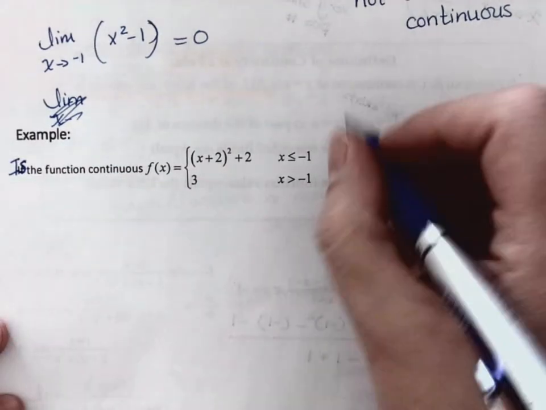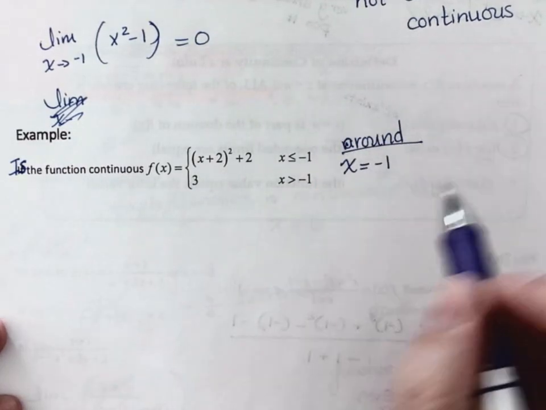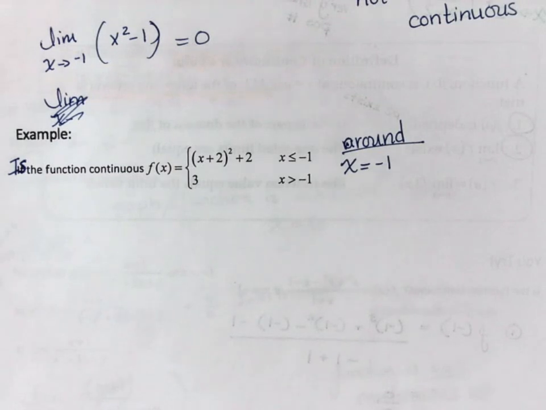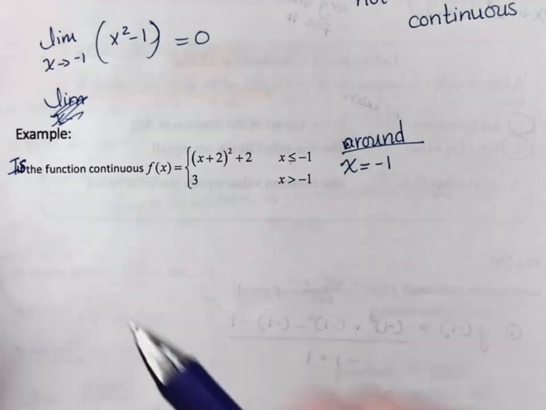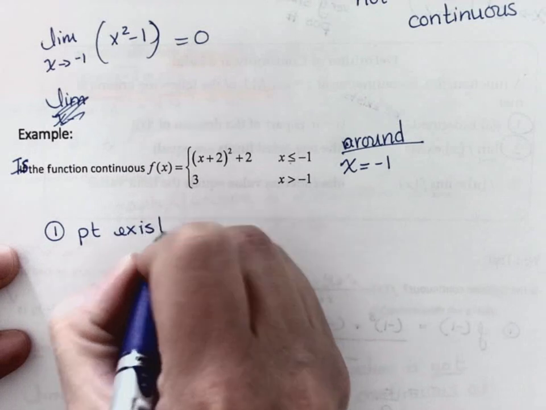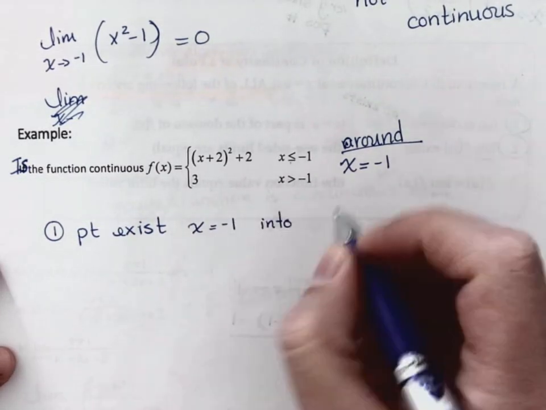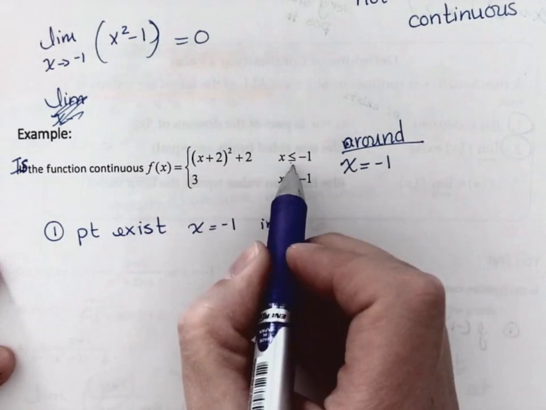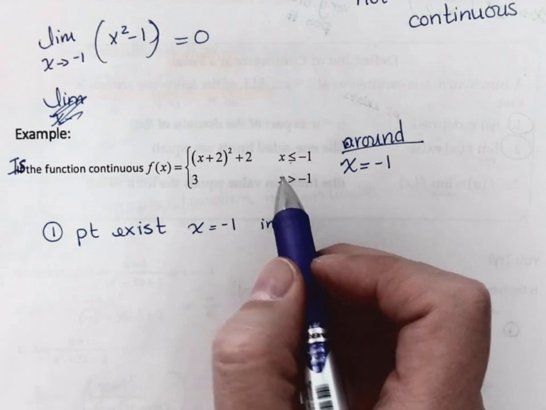Okay? It's 3. It's the bottom 2. Okay, so which function does -1 belong to? The upper one, because it has the equal to sign in it, right? So when I go to see if the point exists, I'm going to be substituting x equals -1 into this function here, because this has the equal to sign.